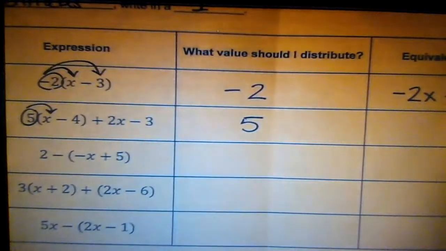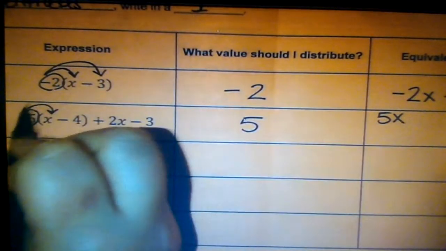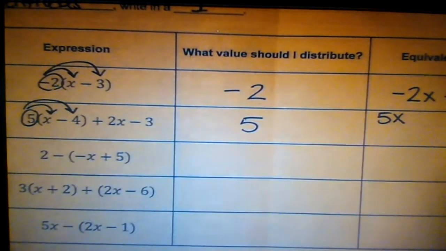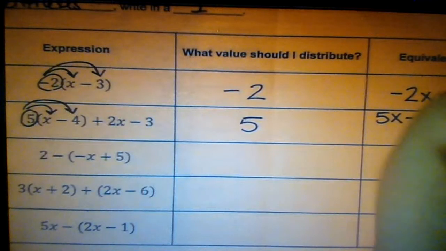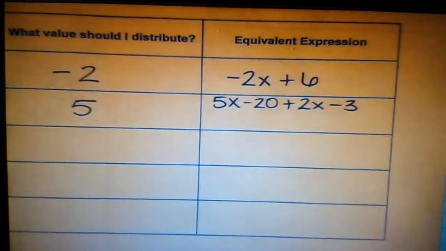So 5 times x becomes 5x. 5 times -4, -20. Your 2x and your -3, nothing happens to those.